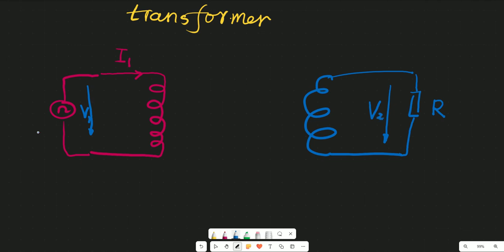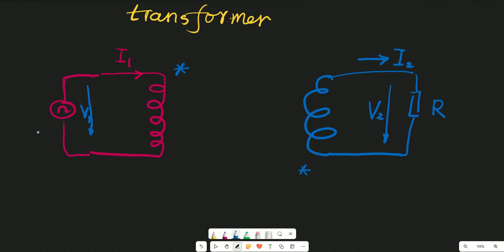The current is I2 here, and this is I1. The same-name terminals are marked this way.